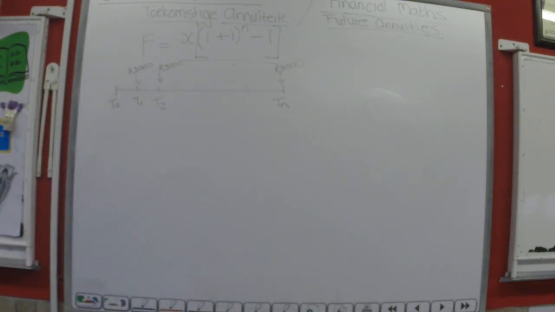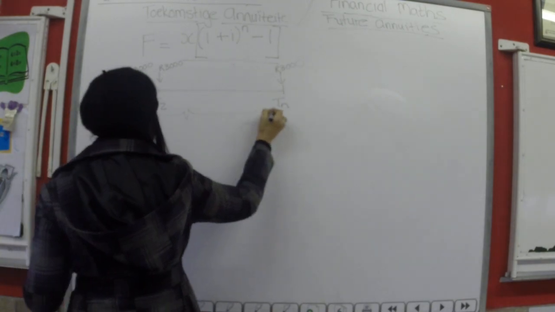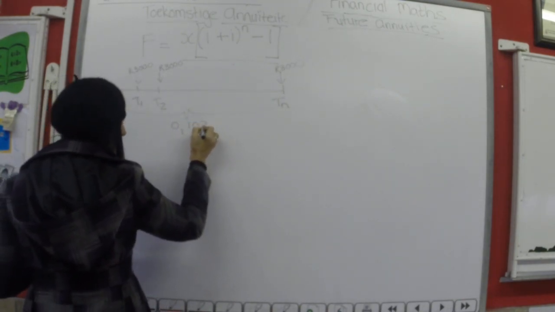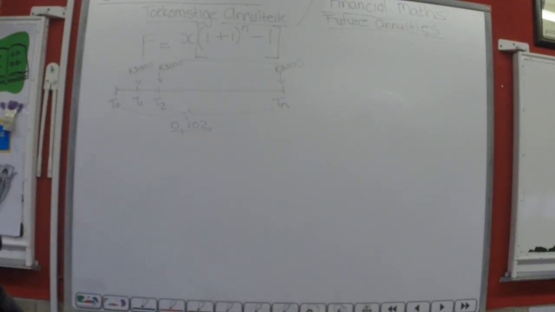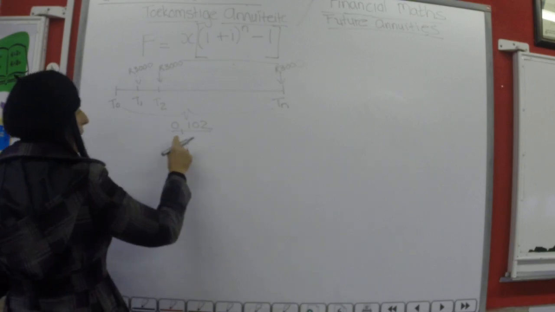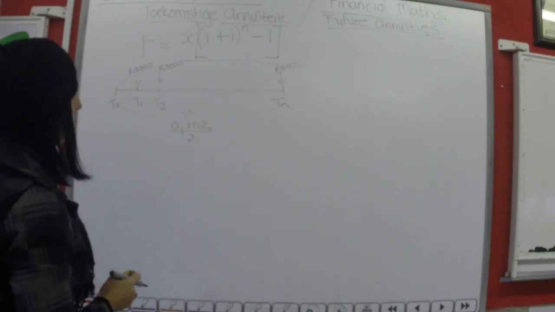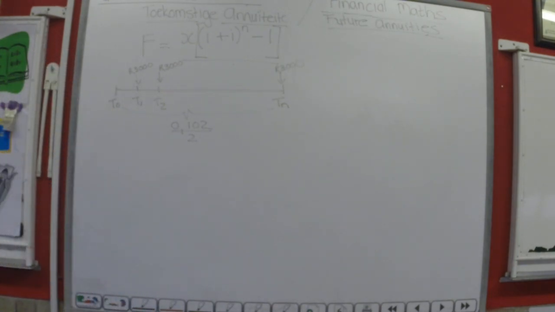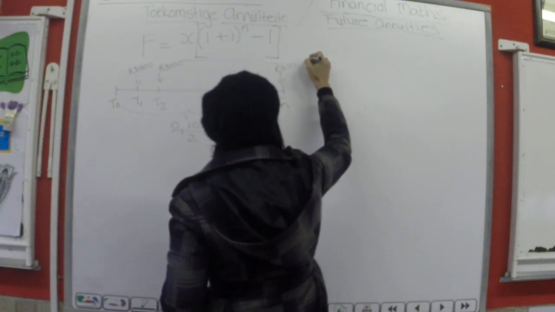Okay. And the interest rate is 10,2%. So dit gaan wees 0,102 gedeel deur, and it's compounded half yearly. Half yearly means twice a year. Okay. And the end amount is 30,000.